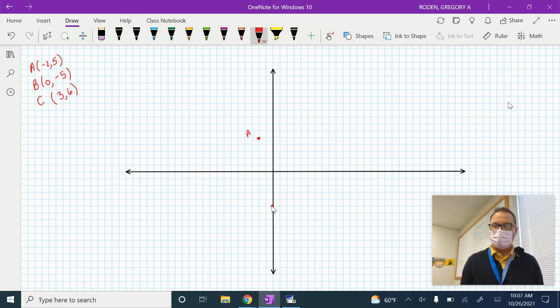This is 0, -5. So this is part B, right? And then C is at 3, 6. So right 3, 1, 2, 3, up 6. 1, 2, 3, 4, 5, 6. And that's C right there.